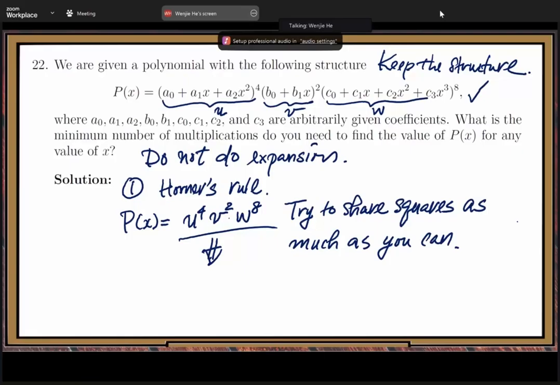Because all the exponents are even numbers, in the first round we share squares.